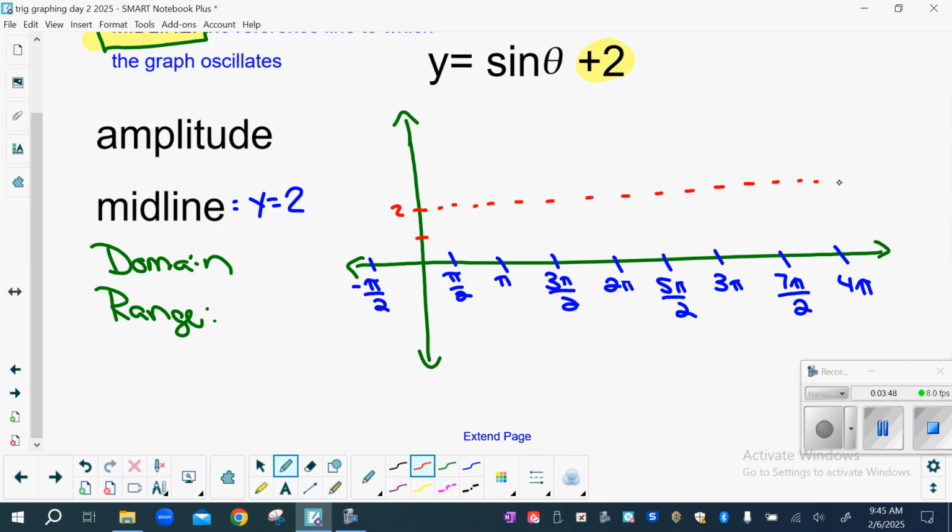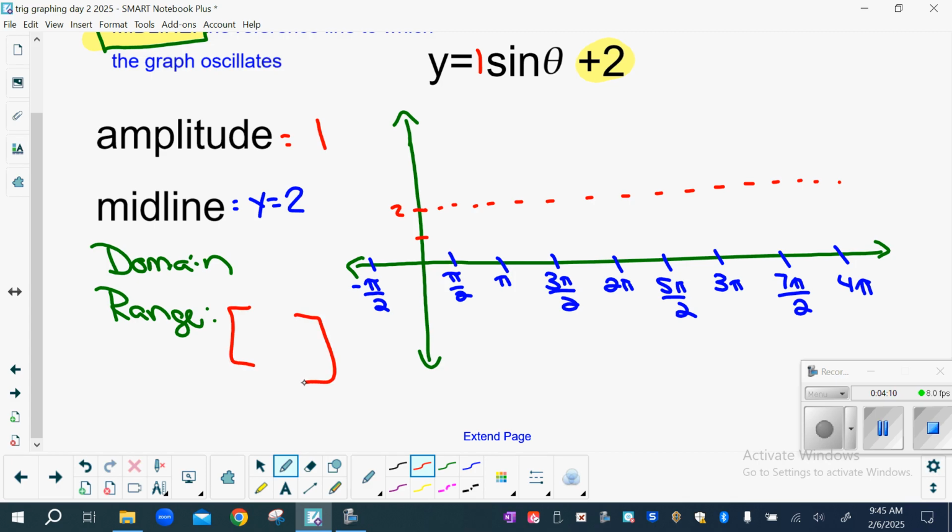So here's what. My amplitude is how much my heart rate is going to shift. And you know what it is in this case? It's 1, because that's what's in front. So my amplitude is just 1. But now let's think about our range.